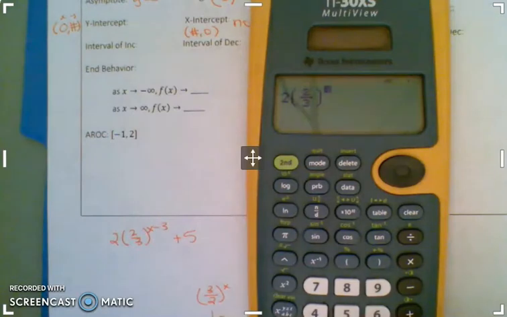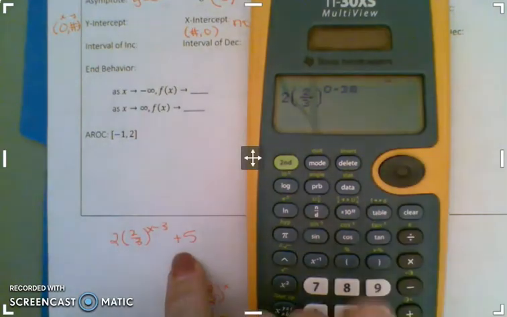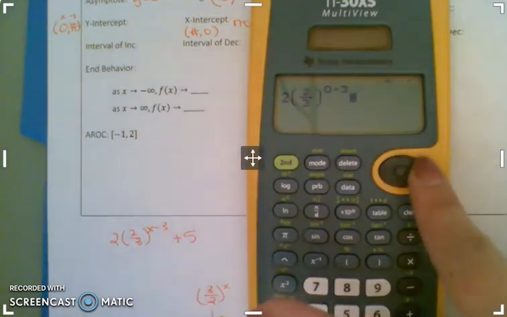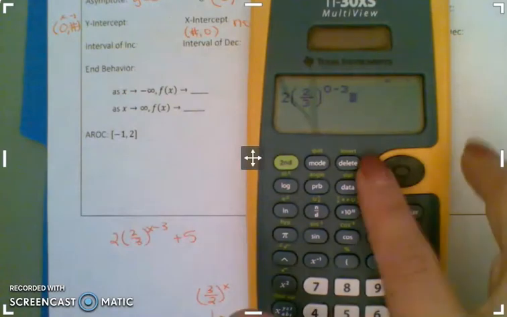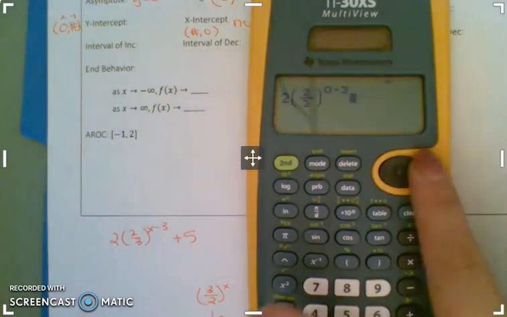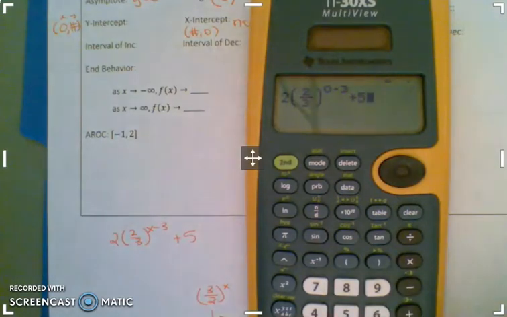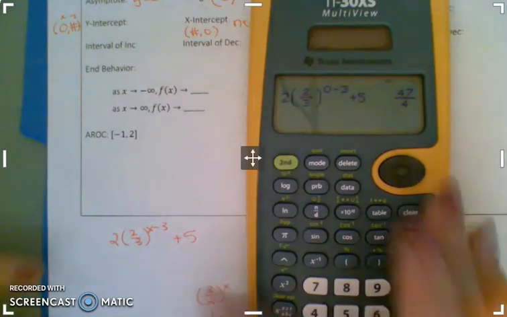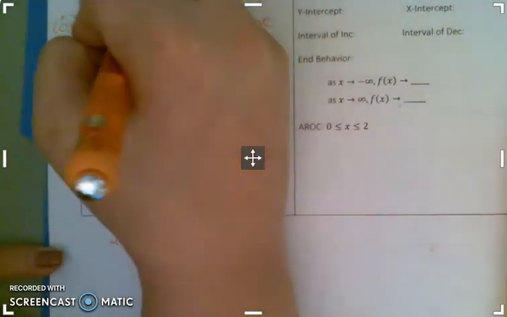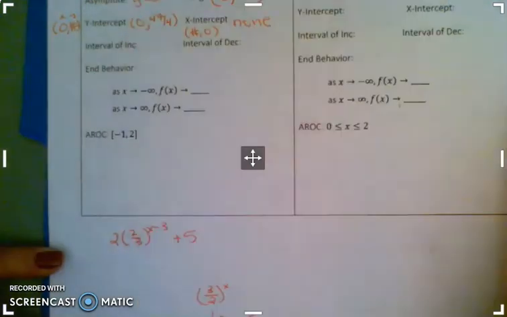And it's not x minus 3 though. We said we're plugging in 0. So 0 minus 3. And then this plus 5 is big, but I'm still up top. So you have to arrow to the right. Then you go plus 5, enter. And you get 47 divided by 4. So 0, 47 divided by 4.